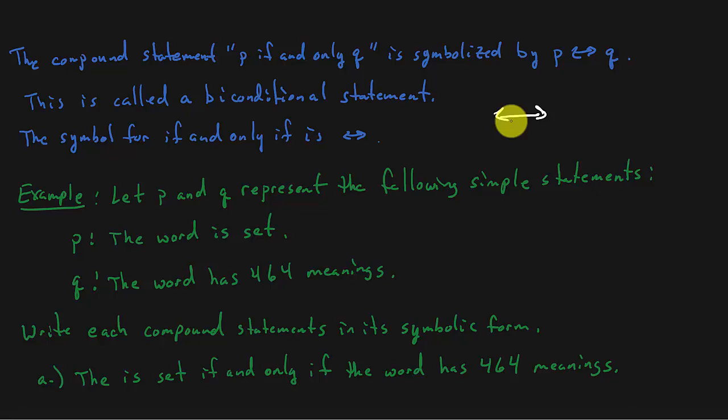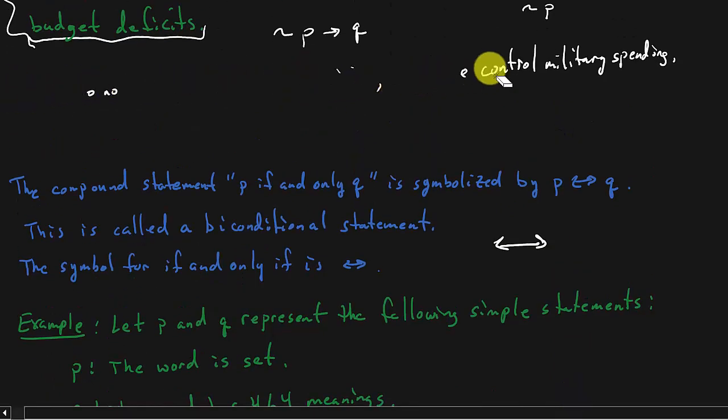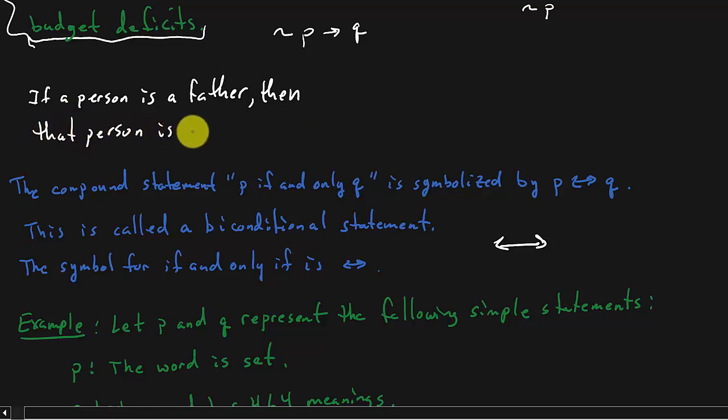Okay, so for example, you could have: if a person is a father, then that person is a male. And then we could reverse that.